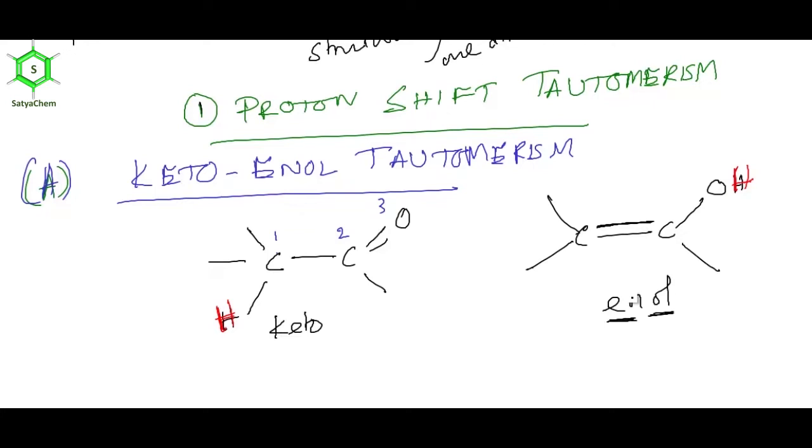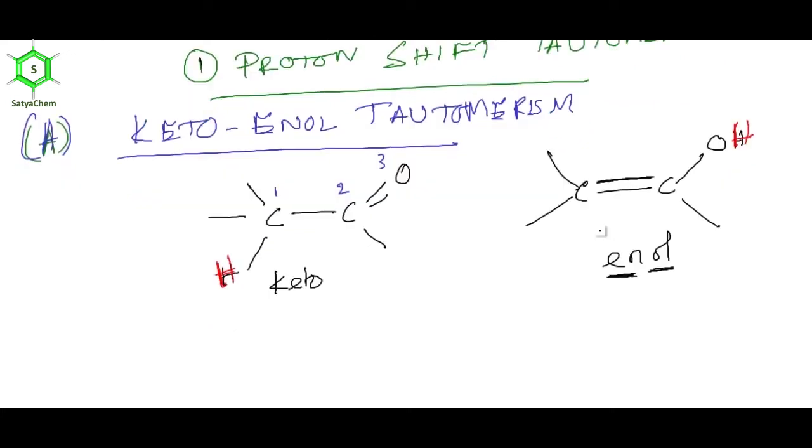This kind of information we can get from thermodynamics. Let's see how we can say which one is stable, keto form or enol form.